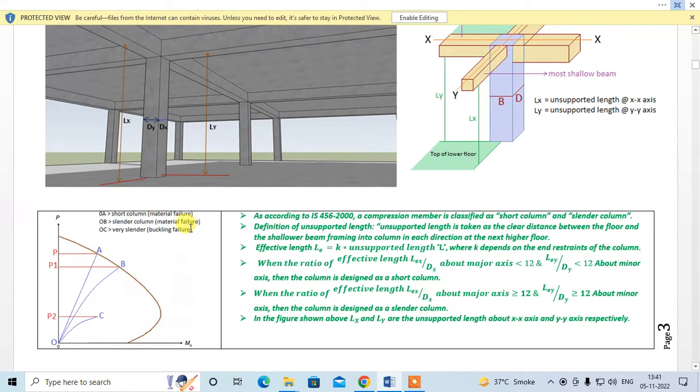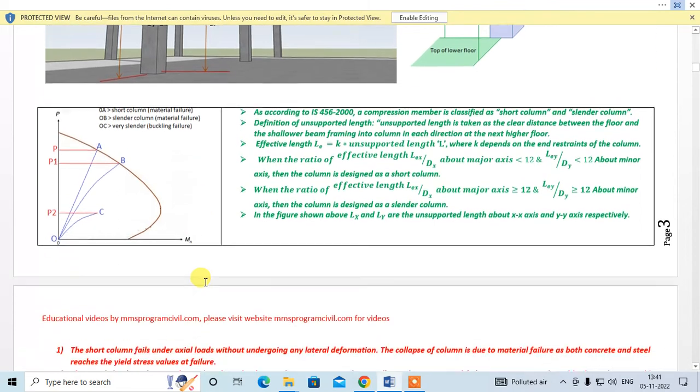So buckling failures are not allowed. Material failures are those in which the failure occurs due to concrete and steel reaching their yield stress and strain. In case of buckling failure, the material does not reach its yield strain and stress, so that will be uneconomical, and also the failure will be very sudden. So buckling failures are not allowed.